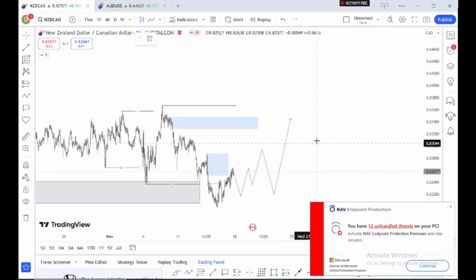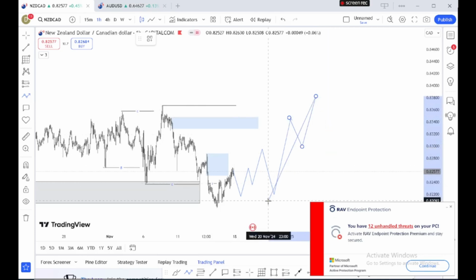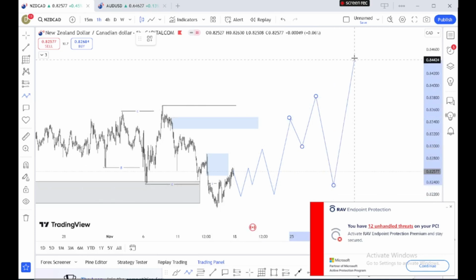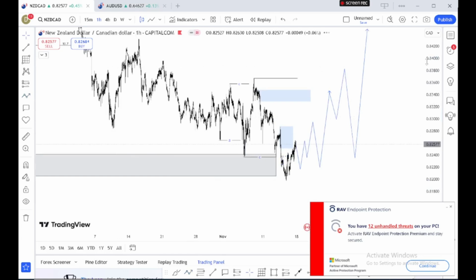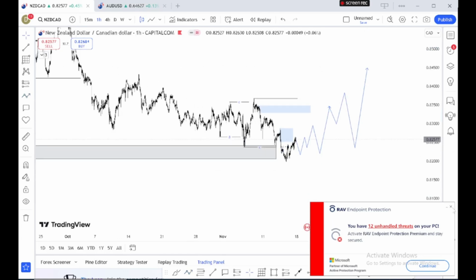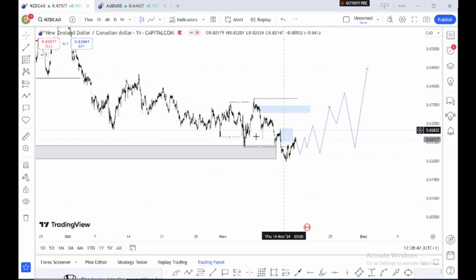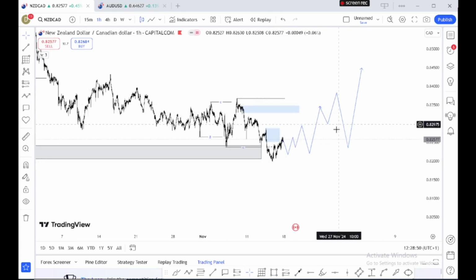Then change of character. This will mean we had a change of character. Then I will position at the extreme again and continue. So this movement will show me that this higher time frame POI is holding, because this level changed 1 hour character for me. So I will be looking to buy like this, to position like this.